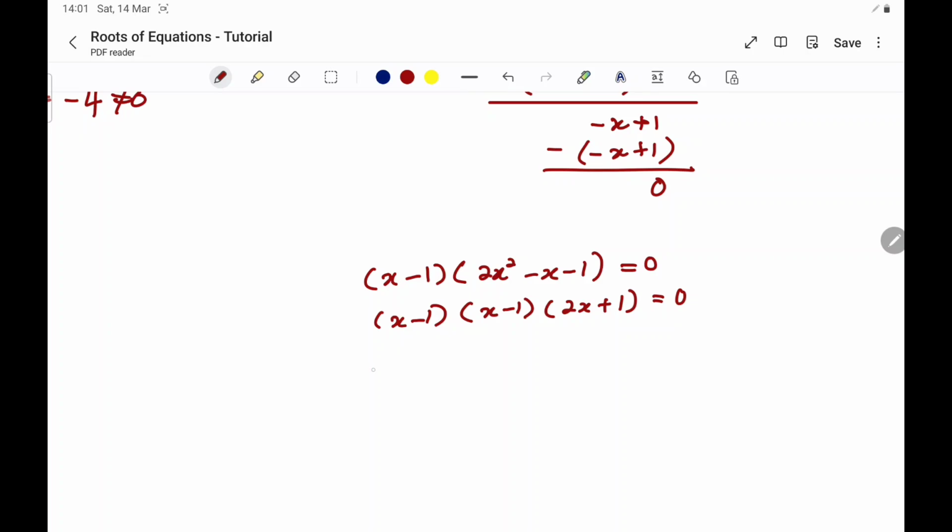So from this, you will see that your value of x is 1, and another one also 1. Another value of x is negative 1 over 2.